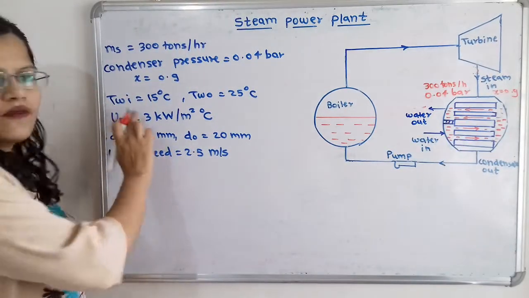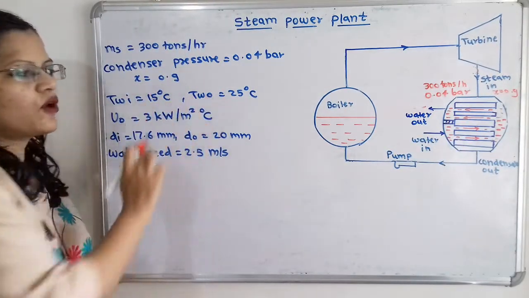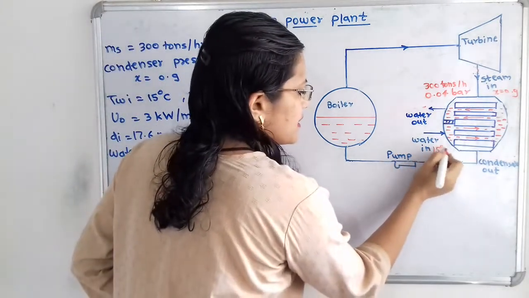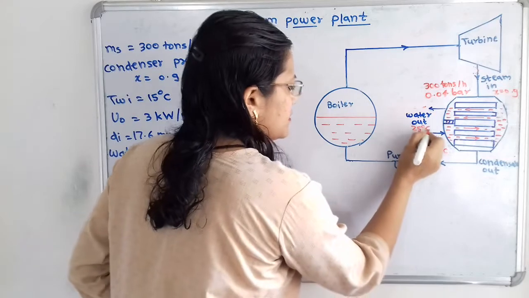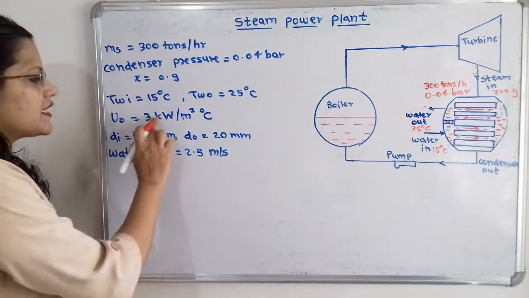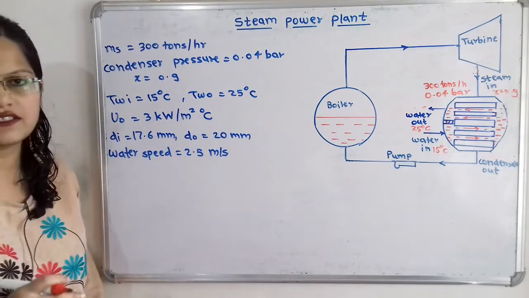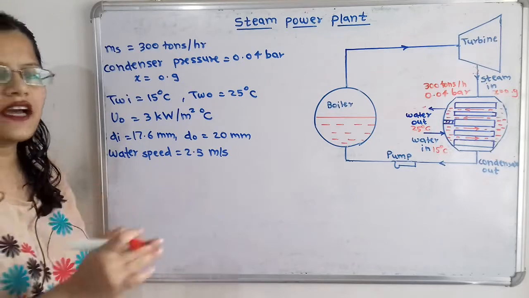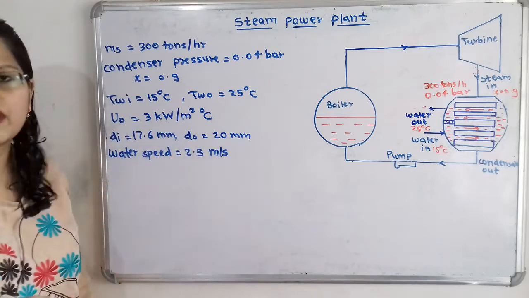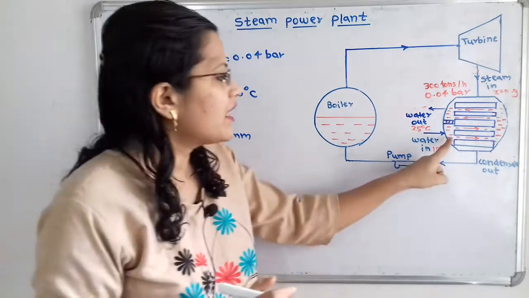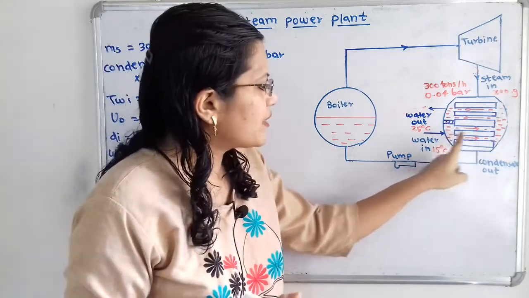Then inlet water temperature and outlet water temperature are also given, so they are 15 degree Celsius and 25 degree Celsius. Then overall heat transfer coefficient is 3 kW per meter square degree Celsius. Then inside diameter of the tube and outside diameter of the tube are also given. We know that this is the two pass water condenser and the water is flowing inside the tube.